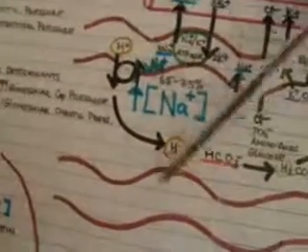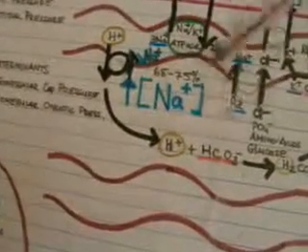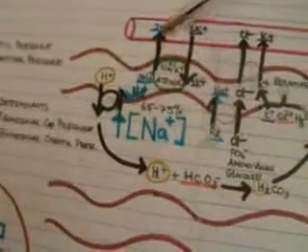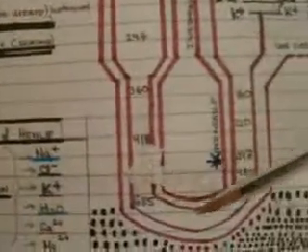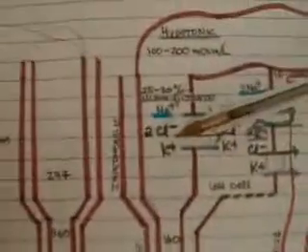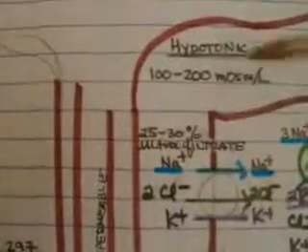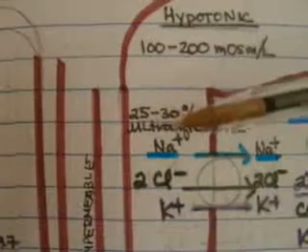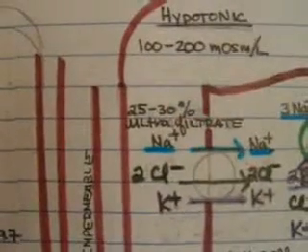and enters into the proximal tubule, we said that 65 to 75% of the sodium is absorbed by the proximal convoluted tubule. So as you traverse down and enter into the loop of Henle, we can say that approximately 25 to 30% of the ultrafiltrate actually reaches the ascending thick limb of the loop of Henle.